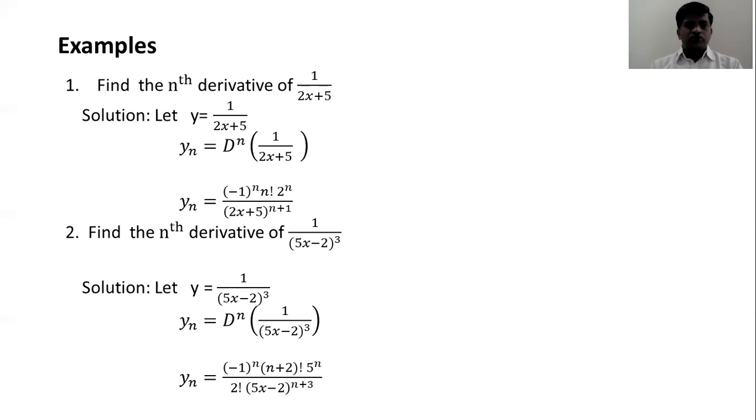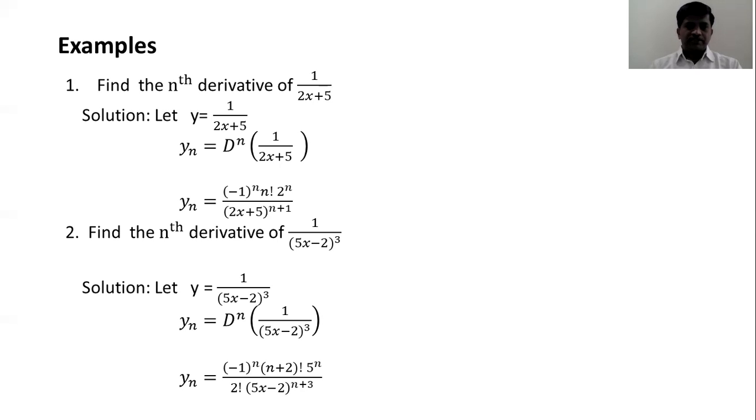So let us take one more example. Find the nth derivative of 1 by 5x minus 2 whole to the power of 3. Let y is equal to 1 by 5x minus 2 power 3. Take the nth derivative on both sides. Nth derivative of 1 by 5x minus 2 power 3. This is in the form of ax plus b power m, with m value 3.